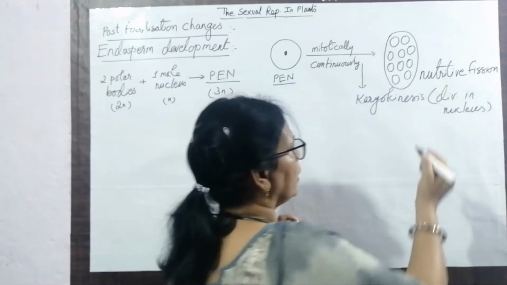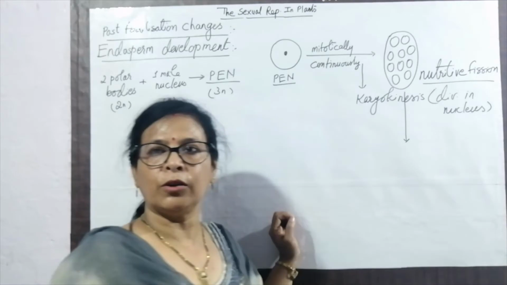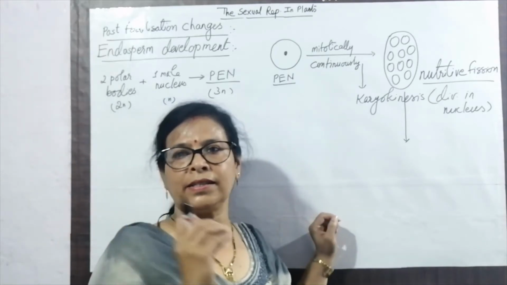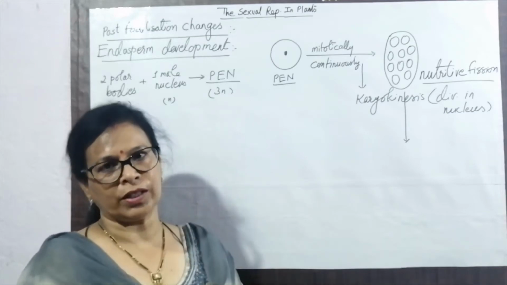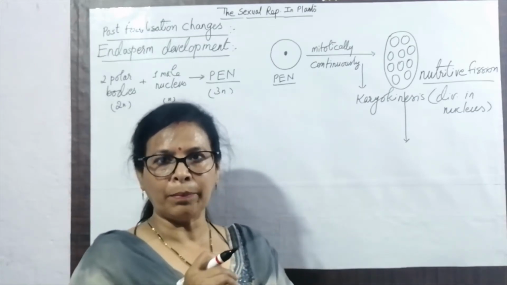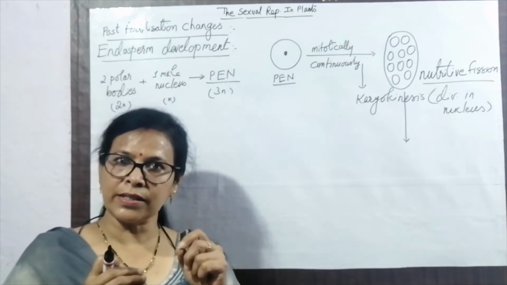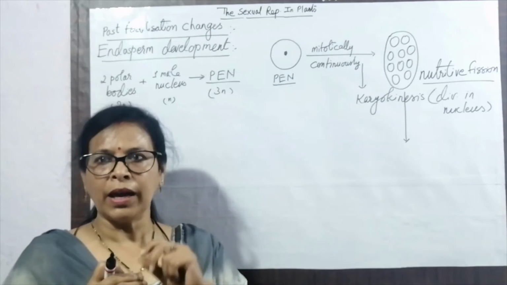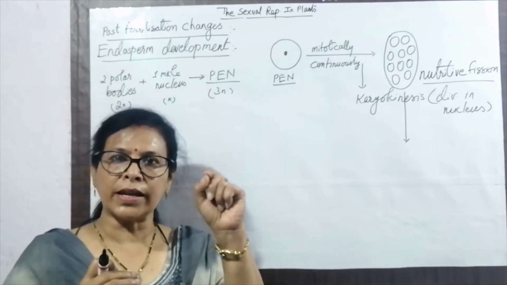With continuous nuclear divisions, the number of nuclei increases. Then the development inside goes on. The nuclei are in a liquid form. Then some of the nuclei form cytokinesis, meaning division in the cytoplasm, and they form a cell membrane and cell wall outside the nucleus.